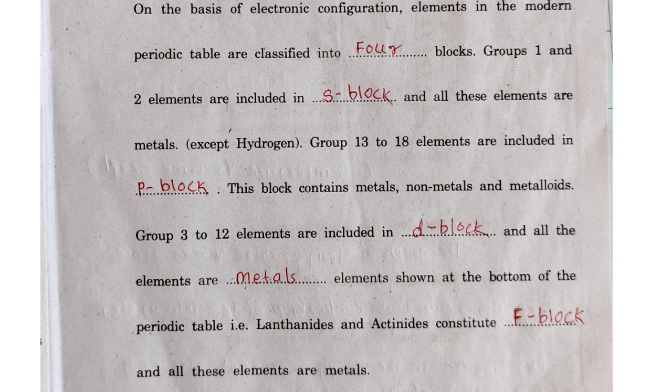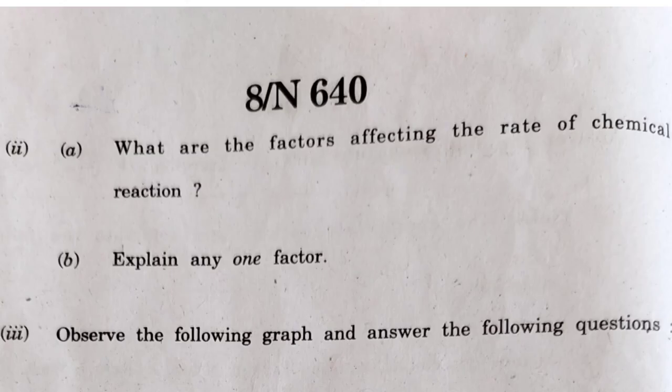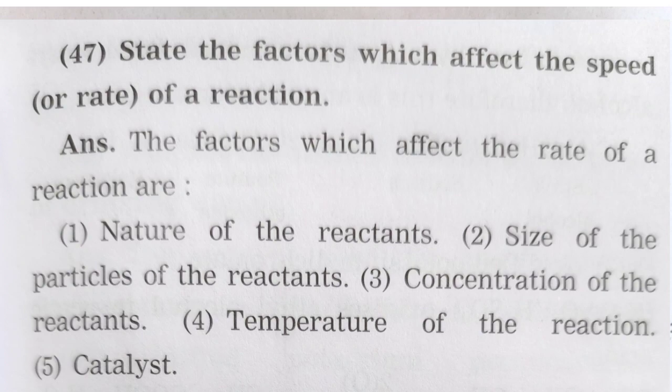Second, A. What are the factors affecting the rate of a chemical reaction? B. Explain any one factor. A. Answer. The factors which affect the rate of a reaction are: 1.